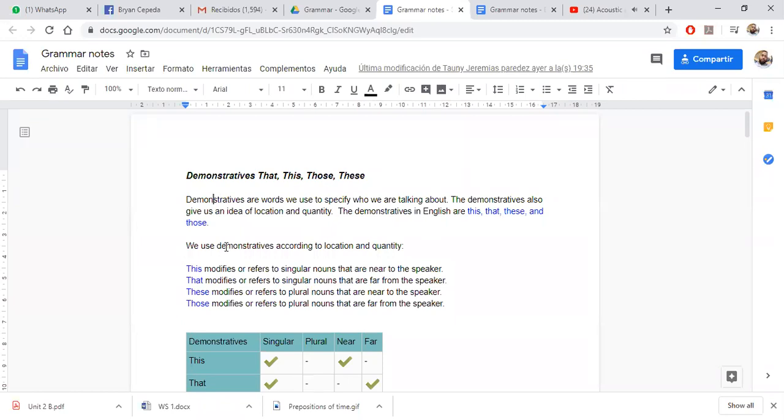You need to have these two words in mind: location, very important, and quantity. Location is the position of the object in a place, and quantity is the amount. The number can be 1, 2, 3, so the number is the quantity.